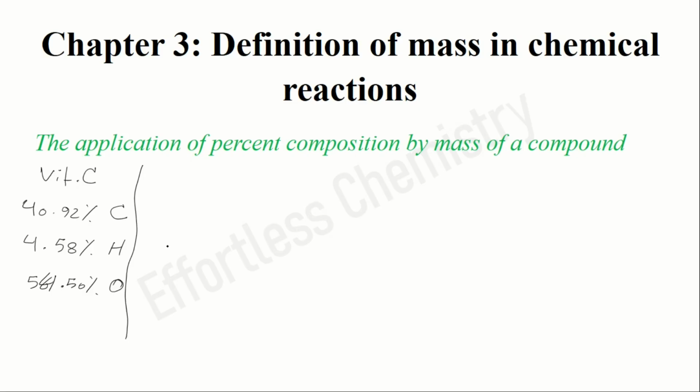So directly I will write here, if we want to convert each gram to moles, we can write like that. I will draw a line here. So nC represents the moles of carbon. So we have 40.92 grams of carbon. As I mentioned, if we consider 100 gram of the compound, and we know from the periodic table and from the previous lesson, 1 mole of carbon is 12.01 gram carbon.